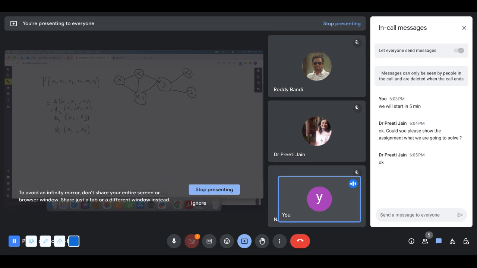So you multiply these things, and this expression is represented by this graph.